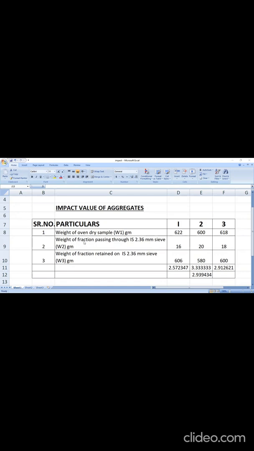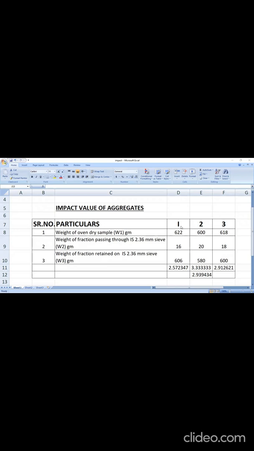Second, the weight of the fraction passing through the IS 2.36 mm sieve taken as W2 in gram. And last, the weight of the aggregate retained on the IS 2.36 mm sieve taken as W3 in gram.